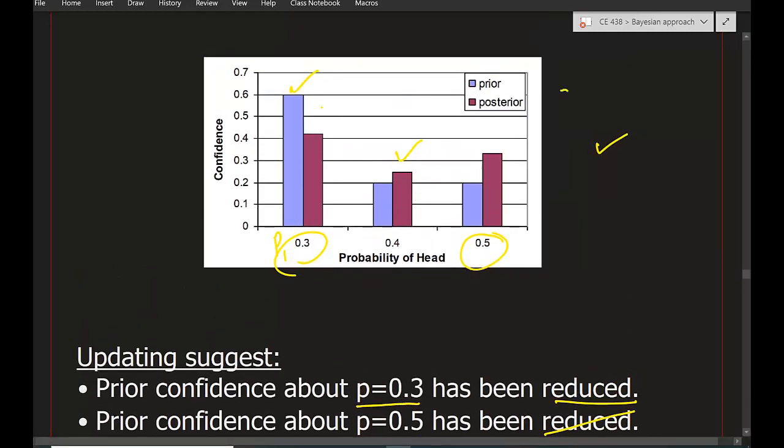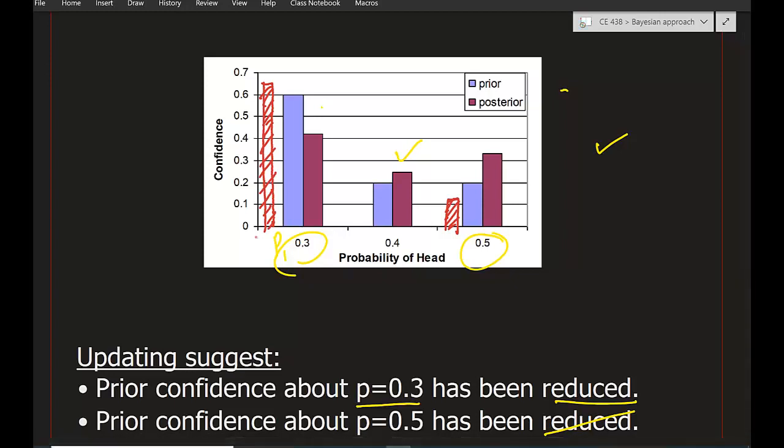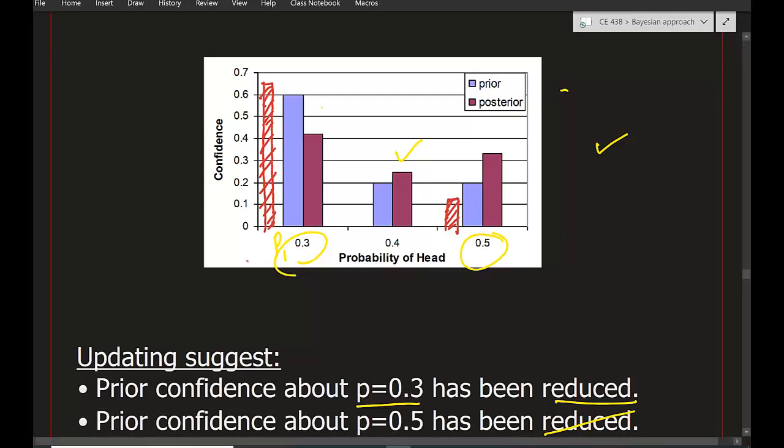This value would have increased, and probably this value would have reduced. We can say this because I have got a tail. So in that hypothetical situation, getting a tail is higher probability, which means getting a head is lesser. So we will have something like this in that case.